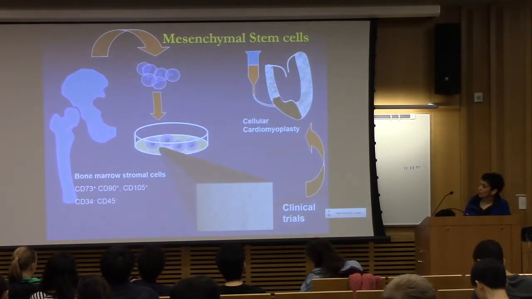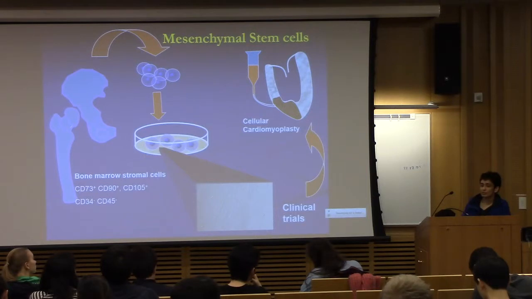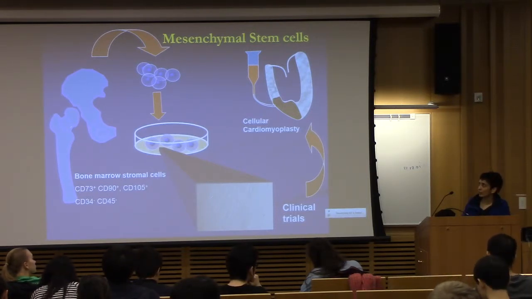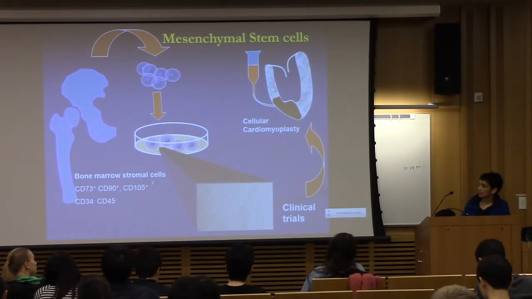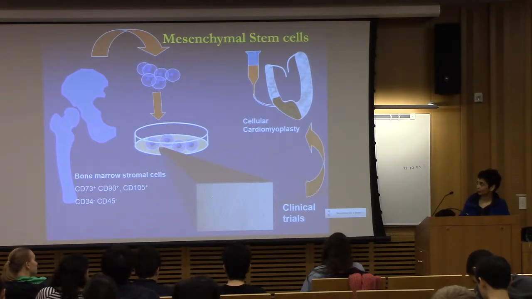So the next kind of stem cell we use is the mesenchymal stem cells. Bone marrow derived cells are not very popular just because the results haven't been very promising. But mesenchymal stem cells are stromal cells in the bone marrow or the adipose tissue. And in addition to having paracrine factor secretion, they are also thought to be immunomodulatory.